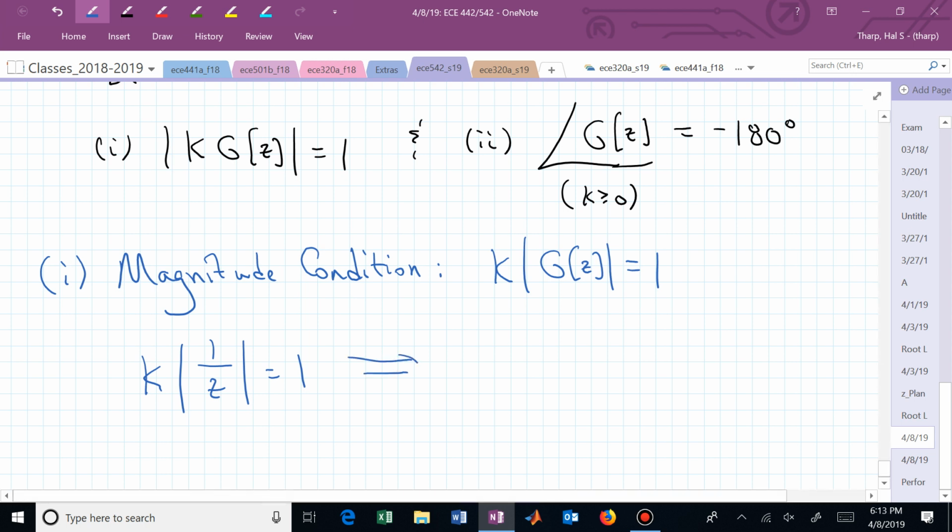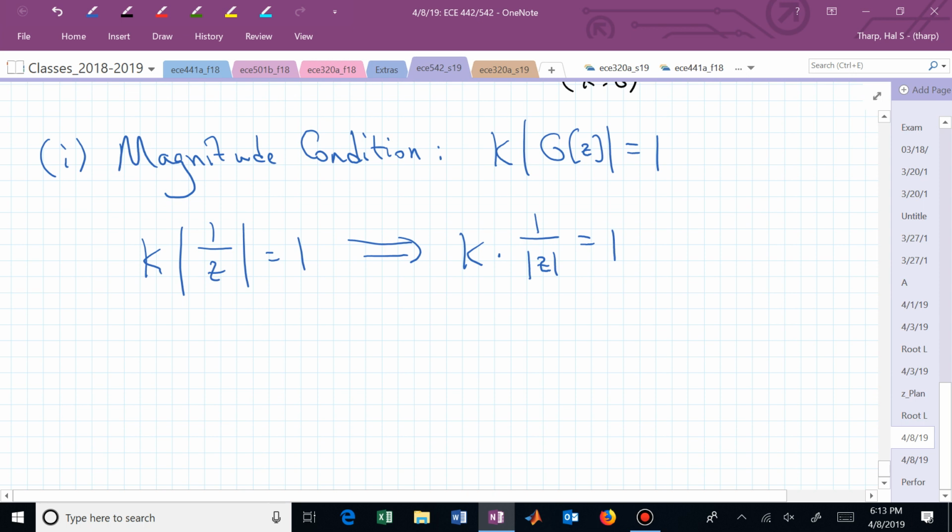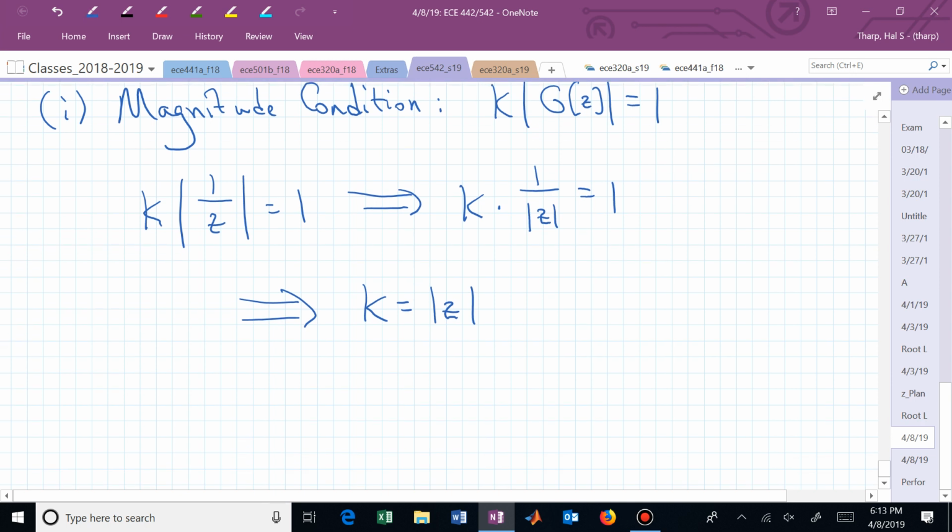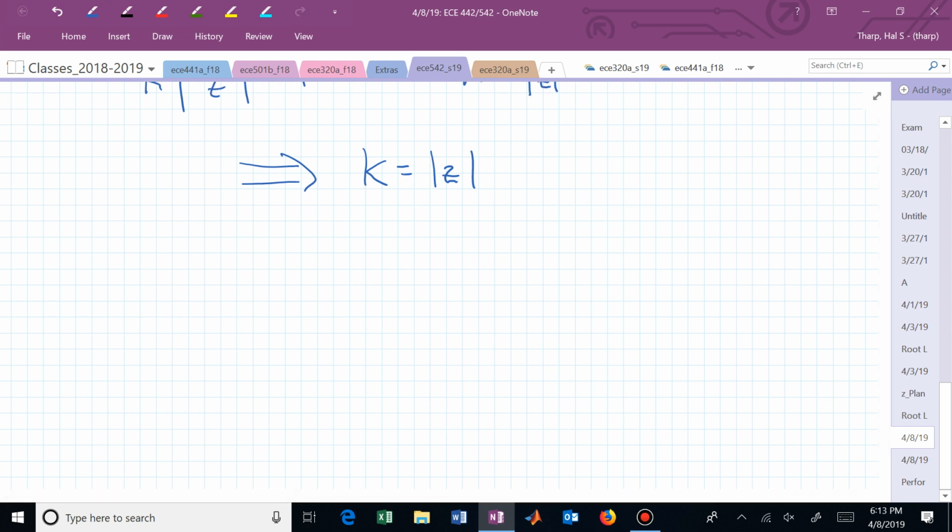This now says that we have K times 1 over the magnitude of z equaling 1, or that K is equal to the magnitude of z. And I think you already have sketched mentally the root locus of this example.